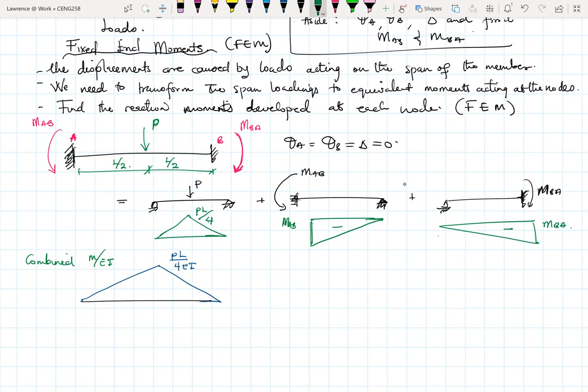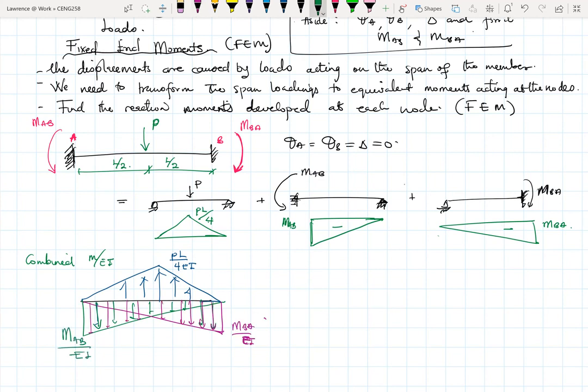So we have the left side. Then you also have the right side. This one will be going up, and then these ones will be coming down. So we need to find our moments.